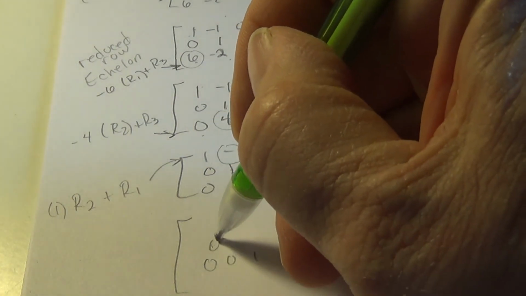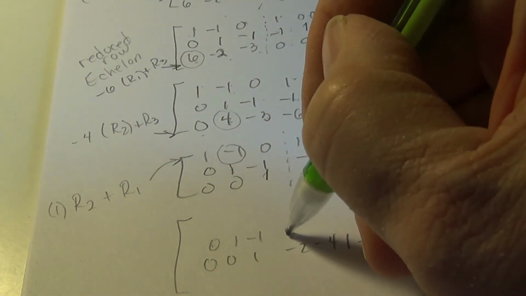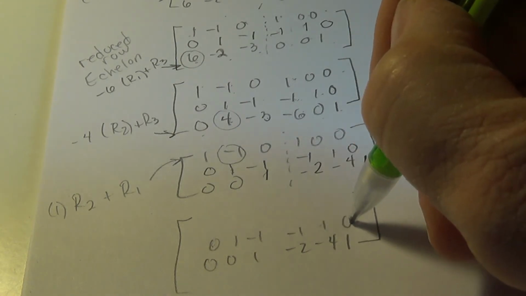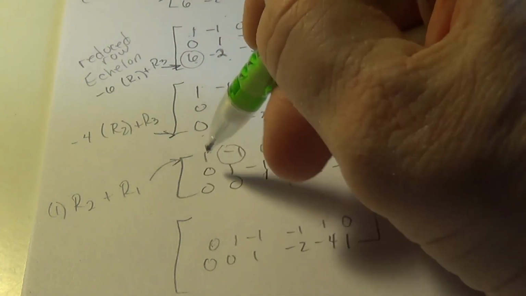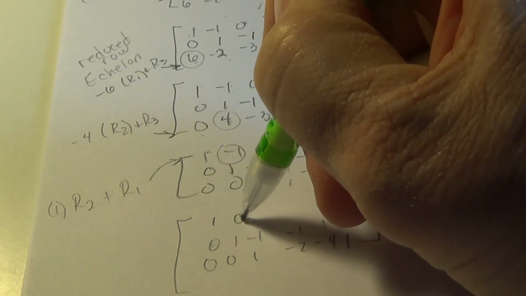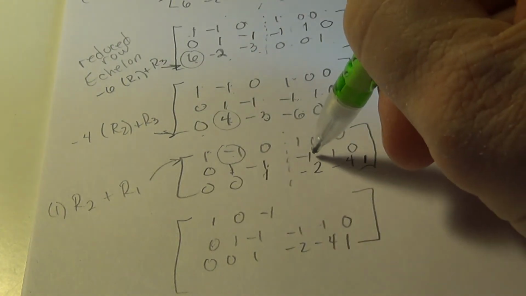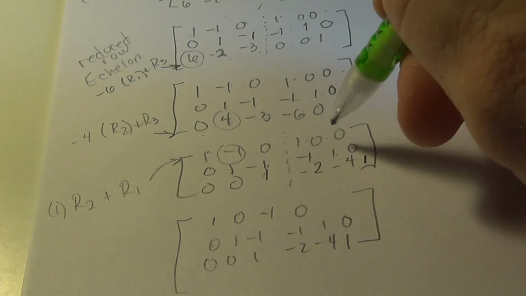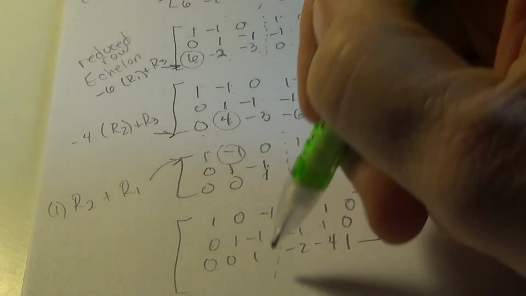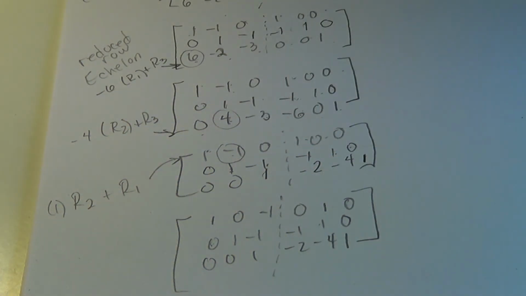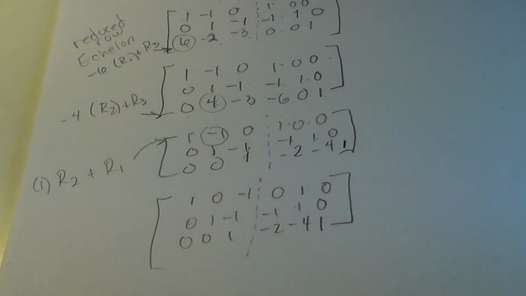And row 2 is going to be unchanged. All right, row 2 plus row 1 replacing row 1. 0 plus 1, 1 plus negative 1, negative 1 plus 0, negative 1 plus 1, 1 plus 0, 0 plus 0. All right.